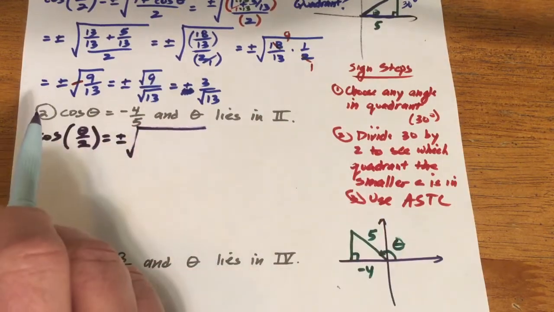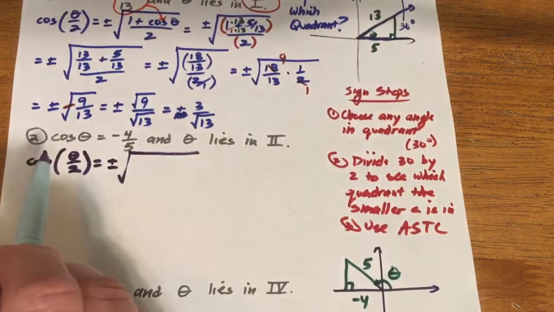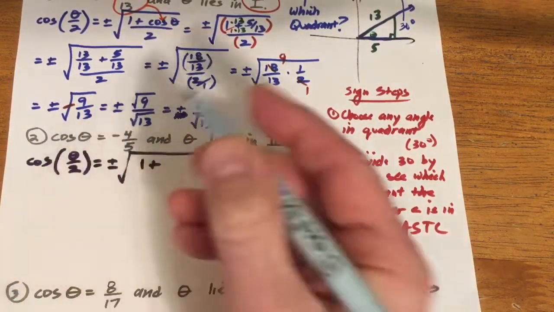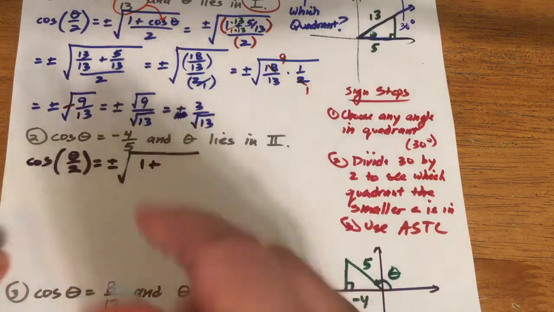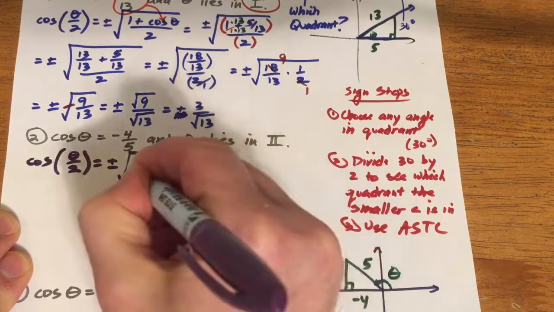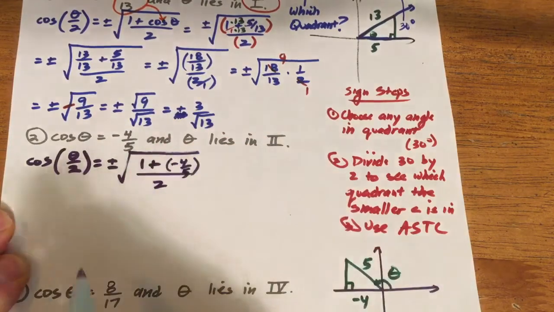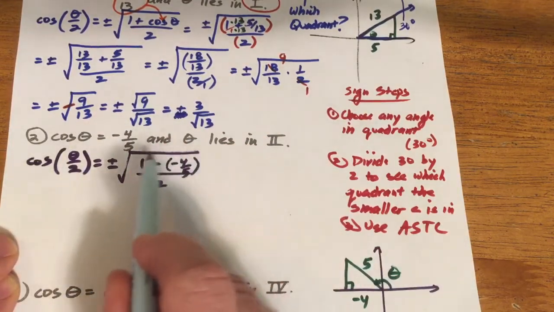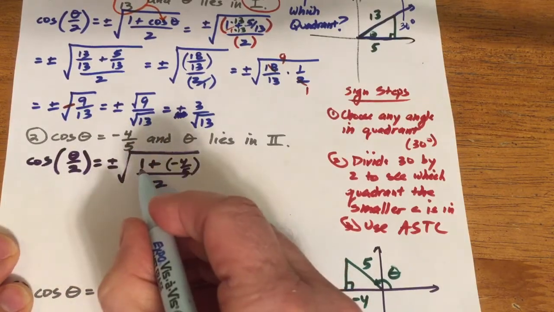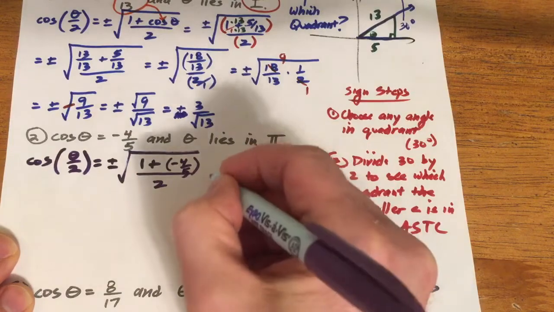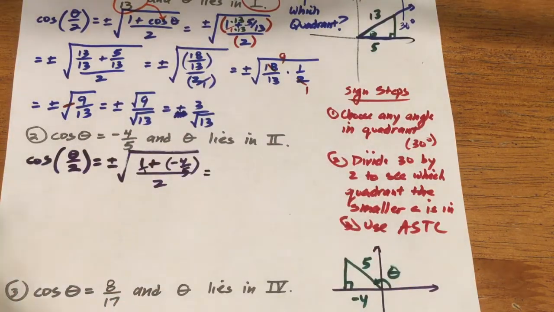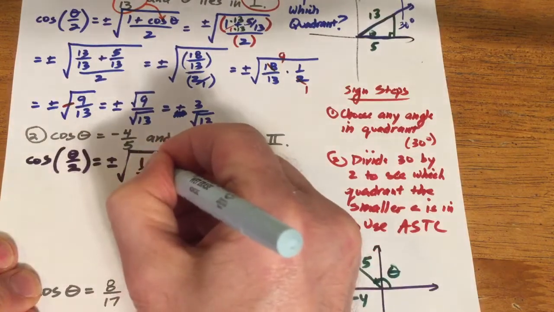So when we plug into our formula, which is right above here, we're going to get 1 plus our cosine, which is -4/5, all over 2. And again, what we want to do is clean this up like we did above. And so hopefully you convert it to a common denominator. Put this over 1 and multiply through by 5 this time.